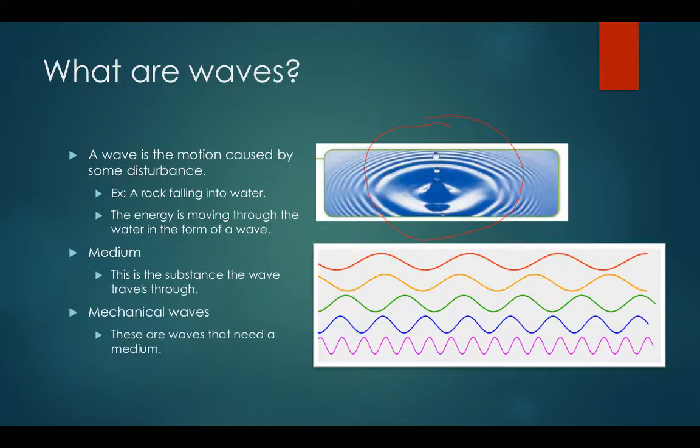Now, not every single wave is going to be this way. Some waves are not going to operate like that. The waves we're going to talk about in this lesson today, though, are ones called mechanical waves. And these are waves that are going to be formed inside of a medium. So things like air and water are good examples of mediums that waves can travel through.